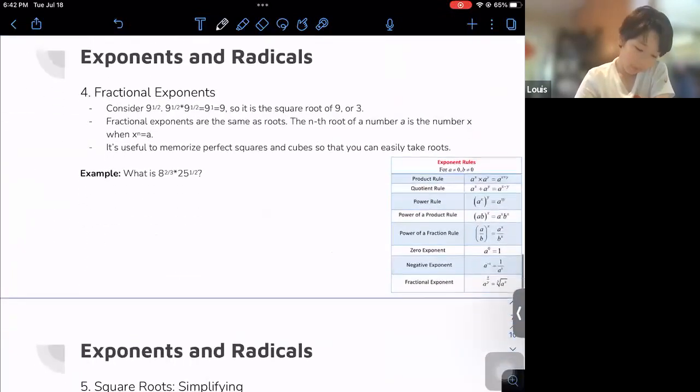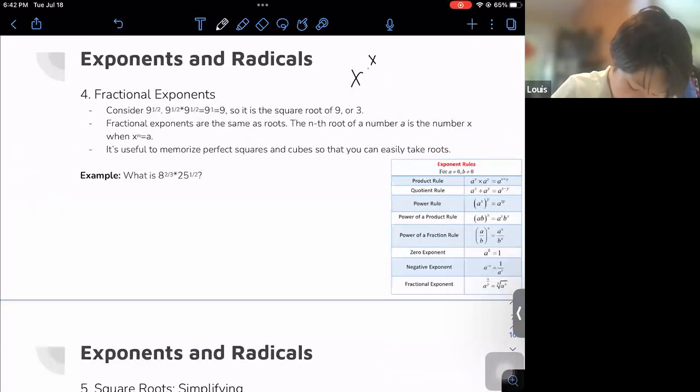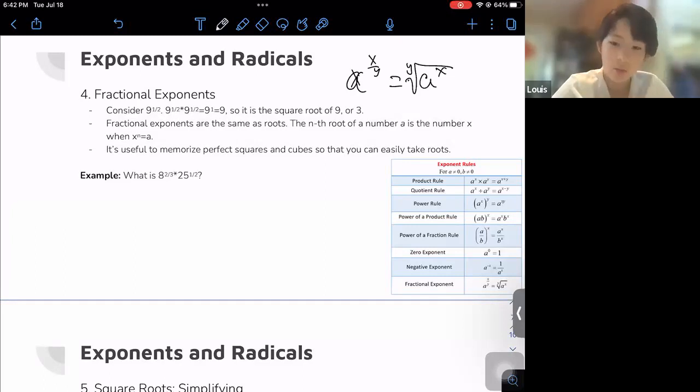So for fractional exponents, we just have that a to the x over y would just be a to the x to the y root.